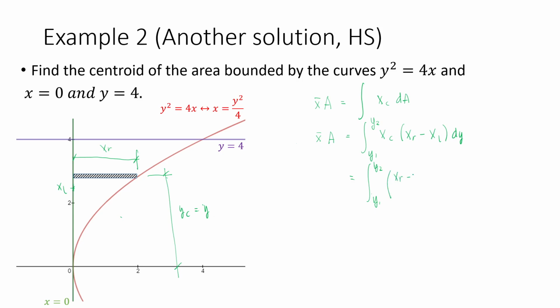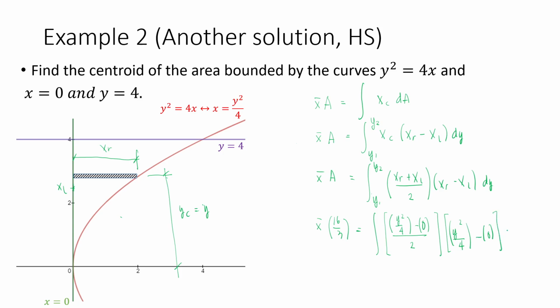Right? So x right minus x left over 2, plus x left, and then x right minus x left dy. And this one is bar x times the area. So again, 16 over 3 is equal to, again, x right is equal to y squared over 4, minus 0, divided by 2, and this one is y squared over 4 minus 0 dy.